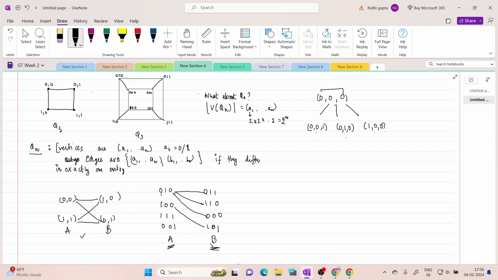And similarly 1 0 1 is connected to 1 1 1, 0 0 1, and 1 0 0. Given any number, without looking at the graph, you can tell me which edges will be there.